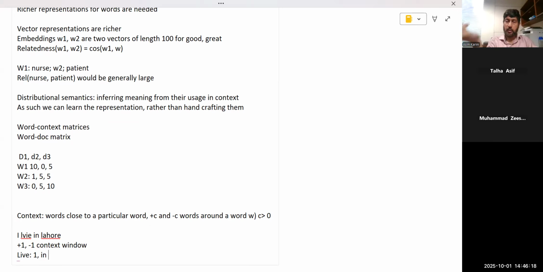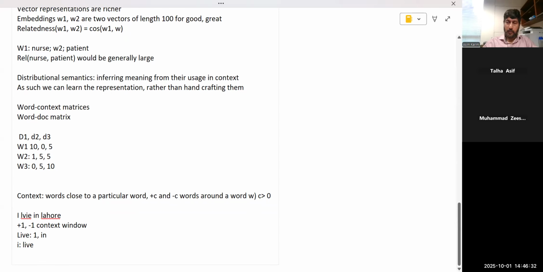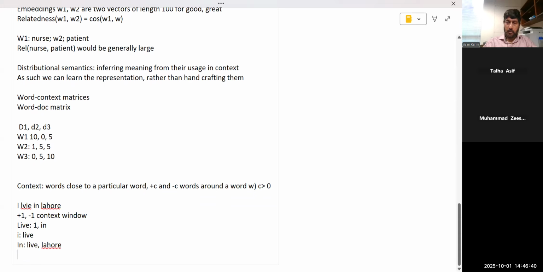One word before, one word after. ठीक है. What about I? I का of course लेफ्ट कॉन्टेक्स्ट कोई नहीं था, तो उसमें सिर्फ राइट वाला वर्ड आएगा, live. ठीक है. So in की मैं बात करूं तो उसमें live और Lahore. Live, in आ गया, Lahore लिखूं तो इसका in है.